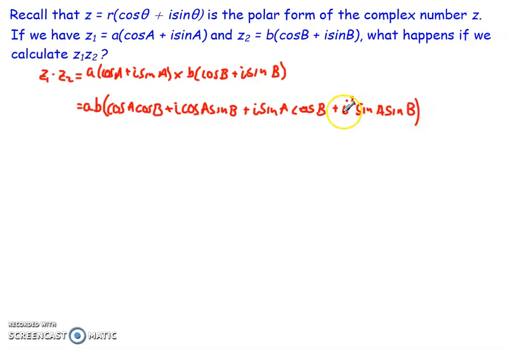Well, i squared, I know, is negative 1. So I've got minus 1 sine A sine B.